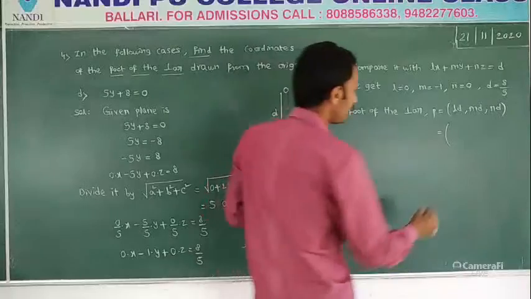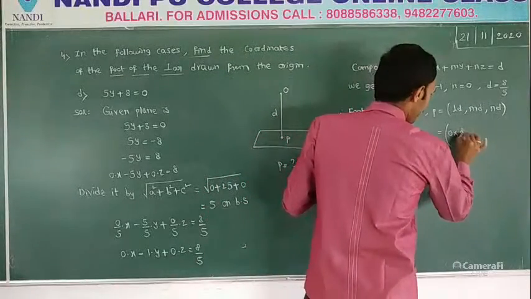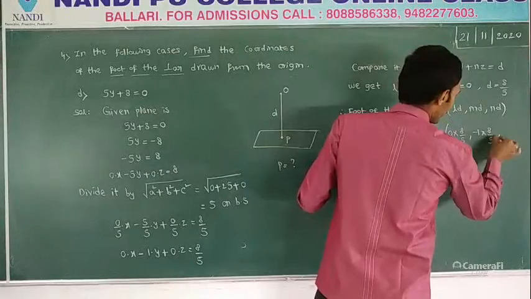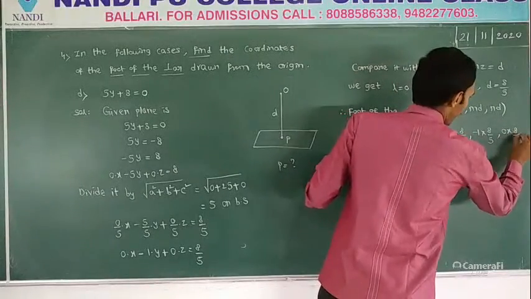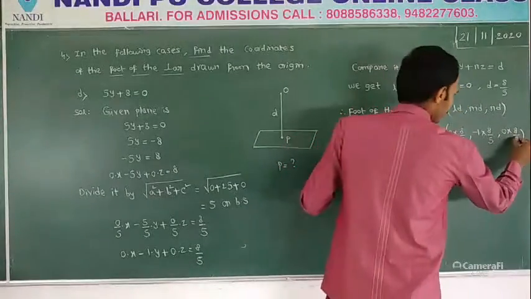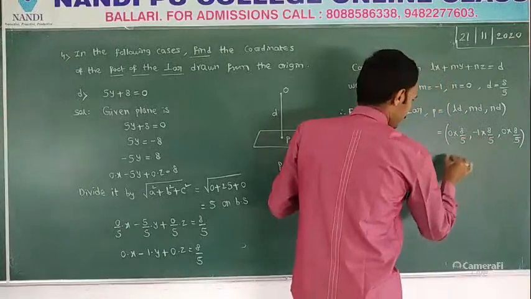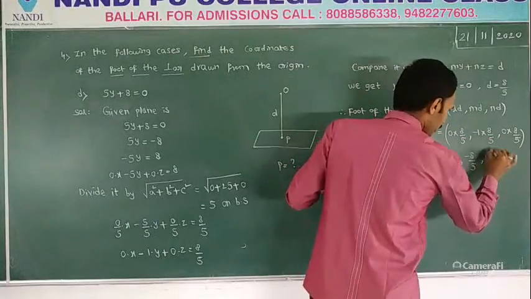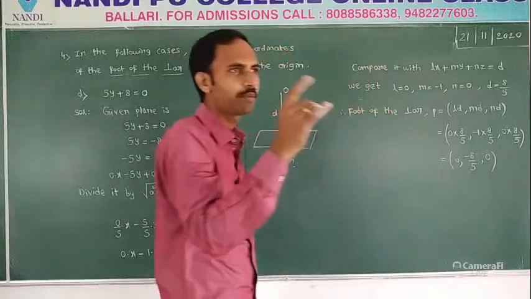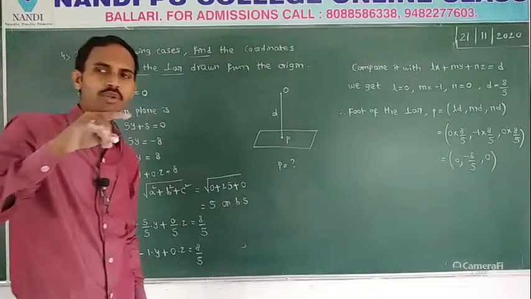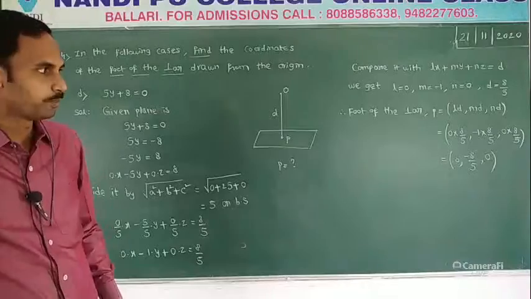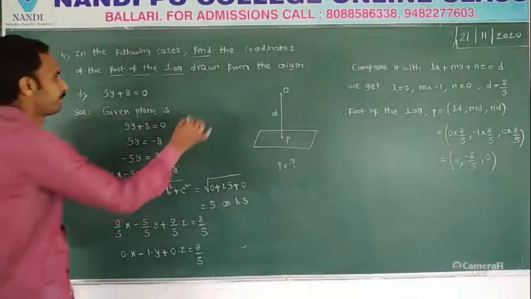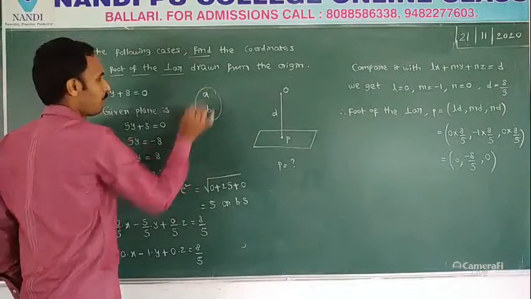L value 0, 0 into 8 by 5, minus 1 into 8 by 5, 0 into 8 by 5, is equal to 0 into anything is 0, minus 8 by 5, 0. So foot of the perpendicular coordinates are (0, minus 8 by 5, 0). Okay, you do A and B as homework.